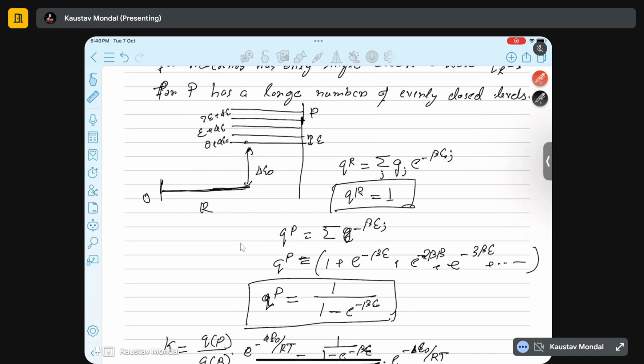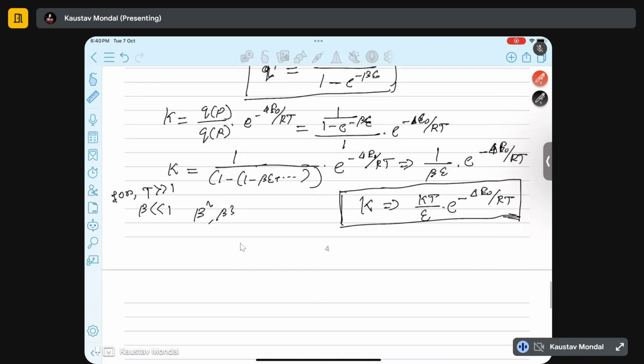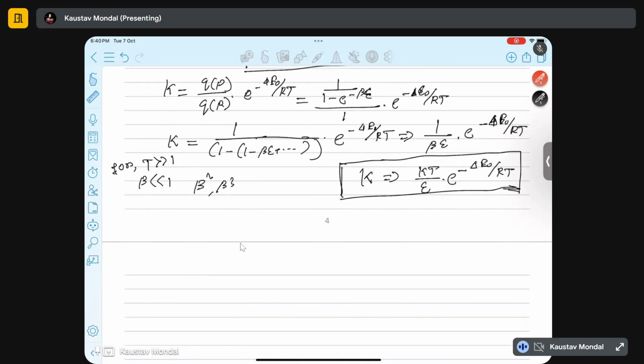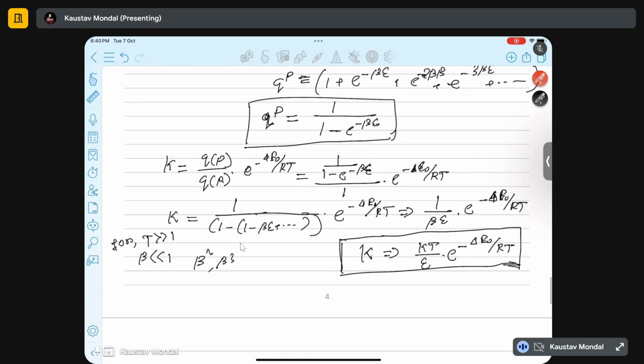So that means, qualitatively, what we can see is that the value of this equilibrium constant depends upon whether the whole reaction is endothermic or exothermic, right? So whether heat is generated or heat is absorbed during the reaction.